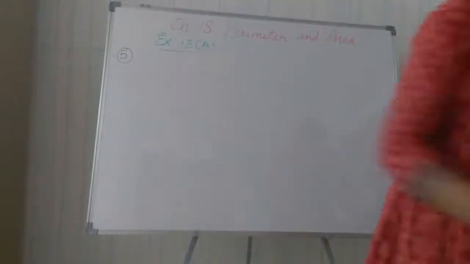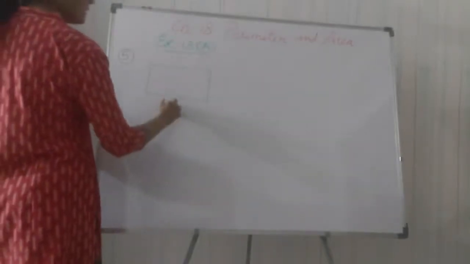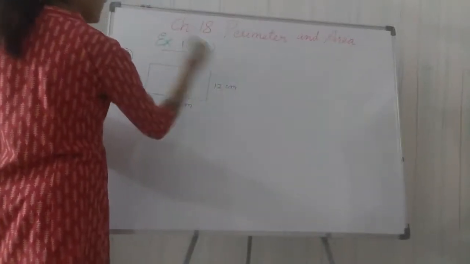Okay, so I am explaining this question to you by drawing one diagram here. You see, first of all, the metal plate is given to you. This is the metal plate I am drawing, which is of rectangular shape. Its length and breadth are given in the question as 32 centimeter by 12 centimeter.